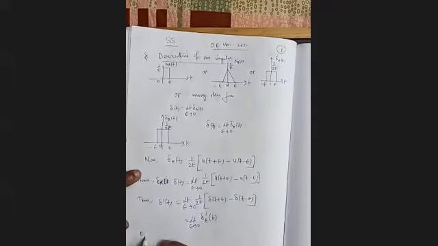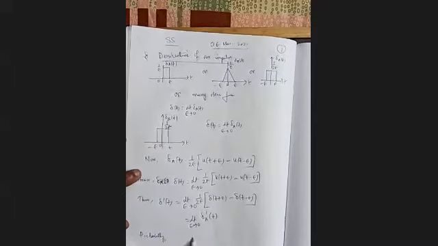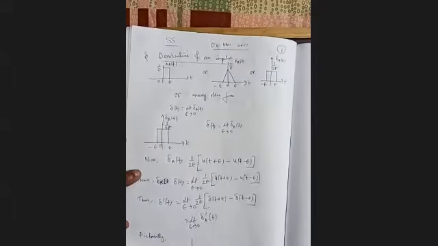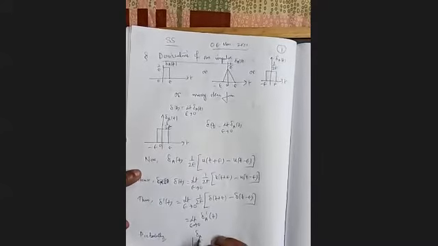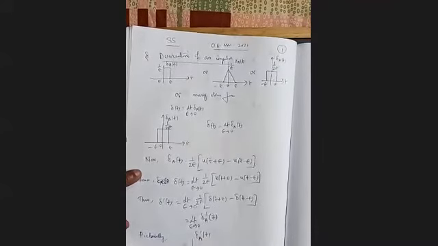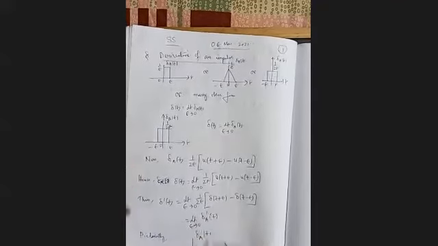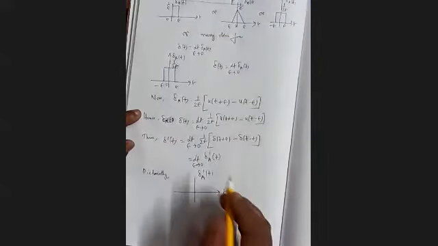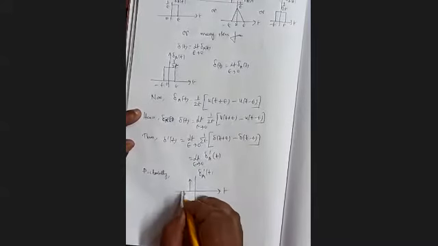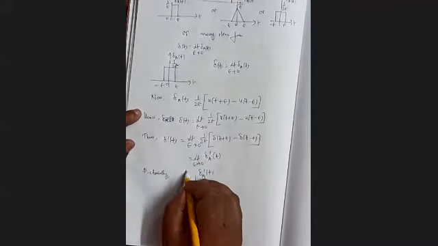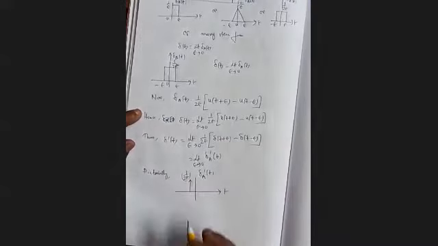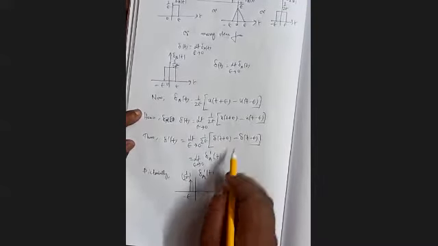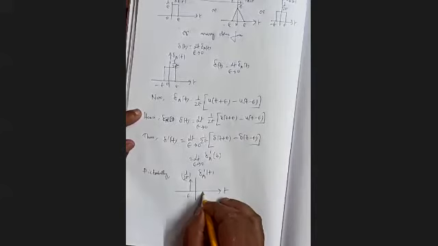So pictorially it looks like that. We can write it is delta A dash T. Now, one impulse function applied at minus epsilon, its strength is 1 by 2 epsilon, and another impulse is applied at epsilon.